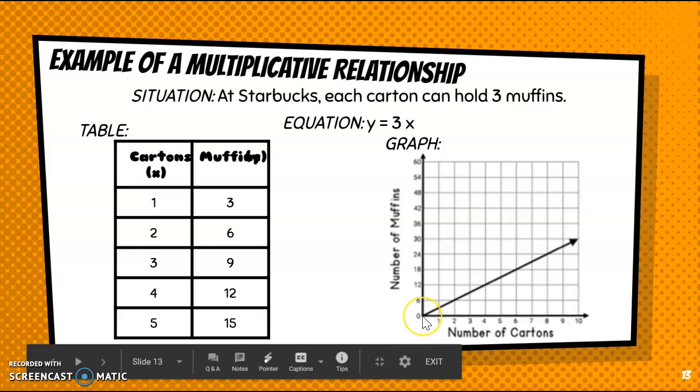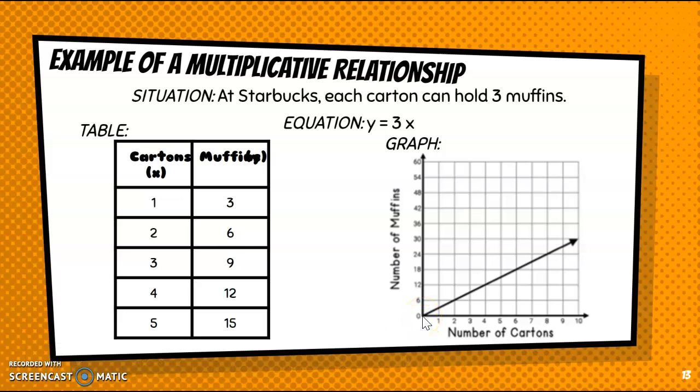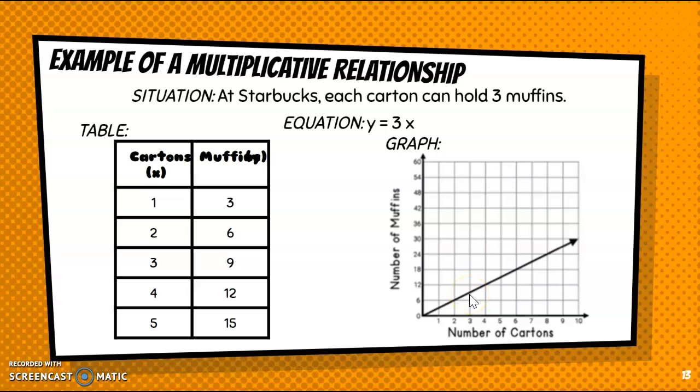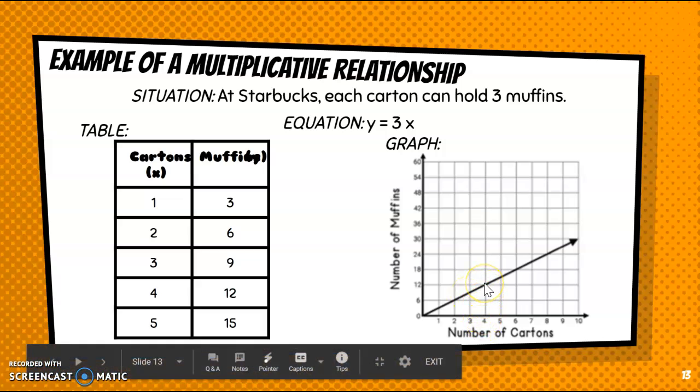Obviously, if we have 0 cartons, we have 0 muffins. If we have 1 carton, we'll have 3 muffins. 2 cartons, we'll have 6 muffins. 3 cartons, we'll have 9 muffins. 4 cartons, we'll have 12. And 5 cartons, we'll have 15. And it goes on from there.